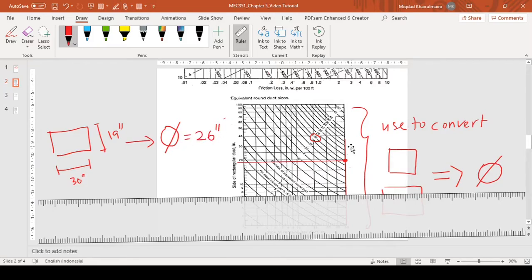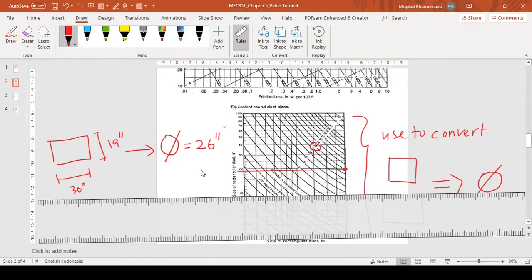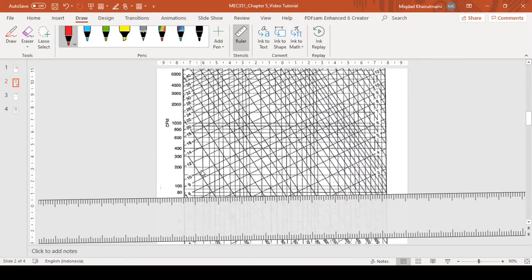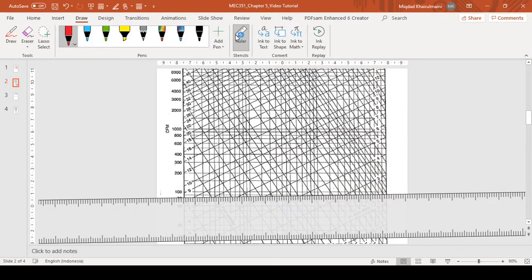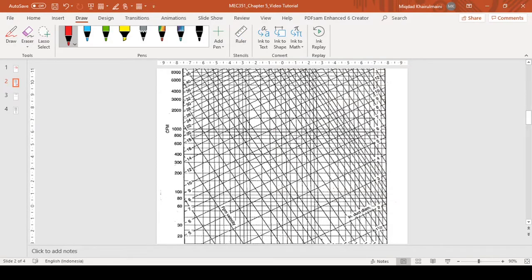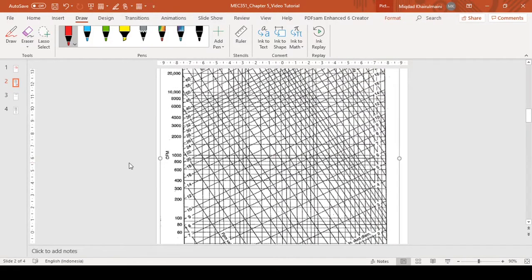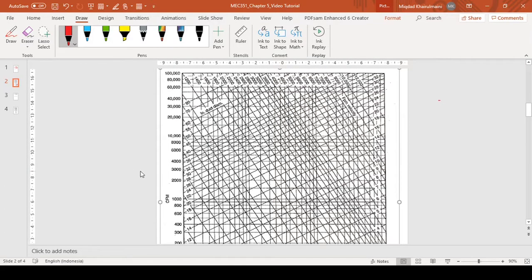Using this value for round duct, 26 inches, we will use again the first chart, the standard airflow in galvanized steel round ducts chart. Here we can look for the value of the diameter, 26.